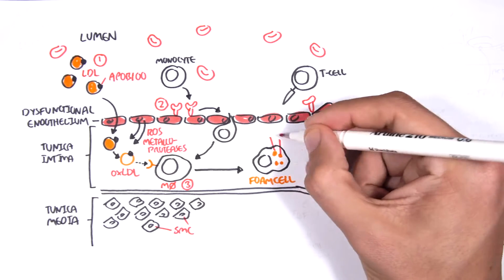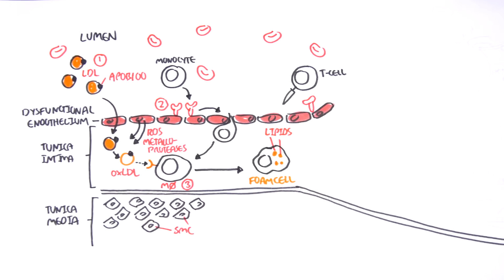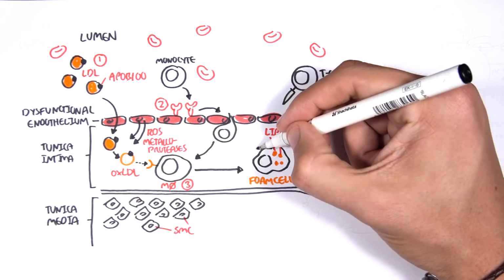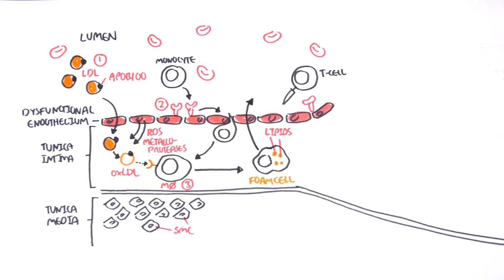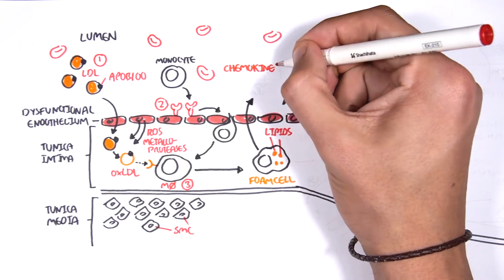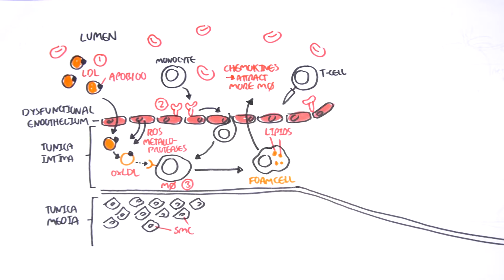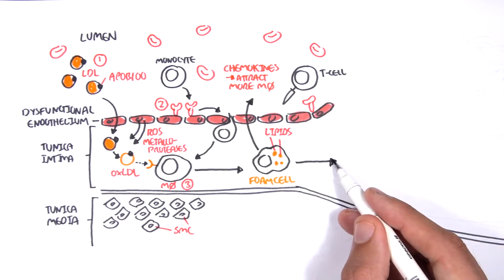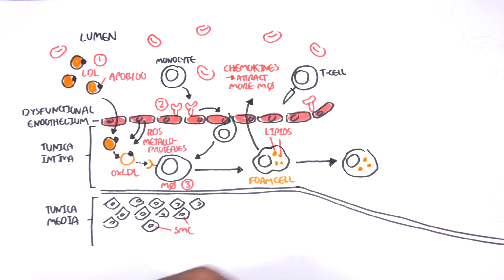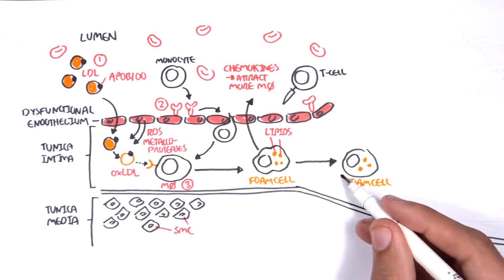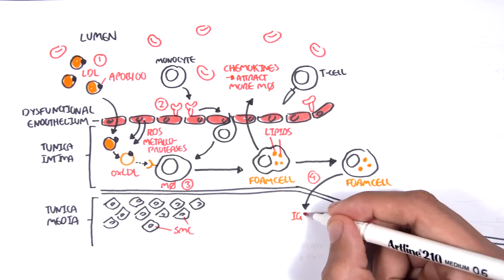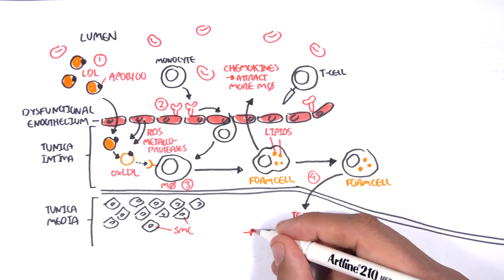Now, foam cells, they're basically macrophages containing lipids, and they have many, many functions. One of which is that it will release chemokines to attract more macrophages. Foam cells can also do, step 4 here I'm drawing, it can release IGF-1, which is basically a growth factor.